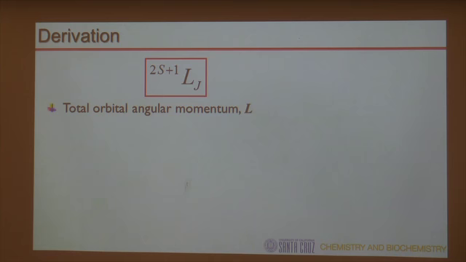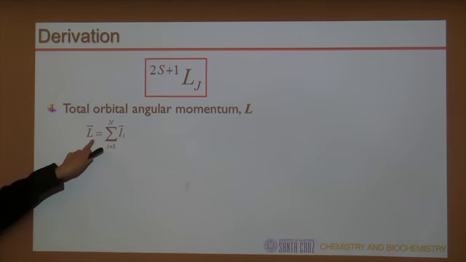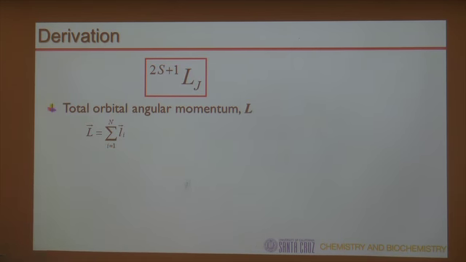The total orbital angular momentum, by definition, can be obtained by doing the vector sum of all the orbital angular momenta from every electron. If you have n electrons, you sum the orbital angular momentum from each electron together, and that gives you the total angular momentum.